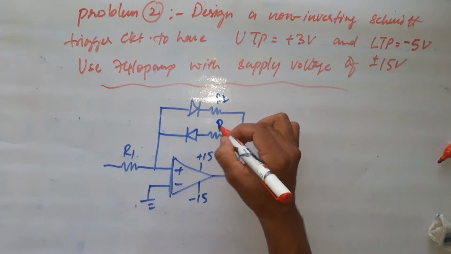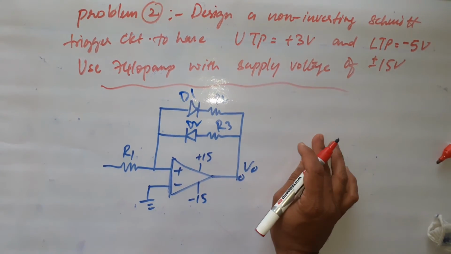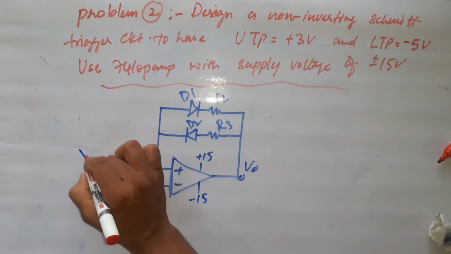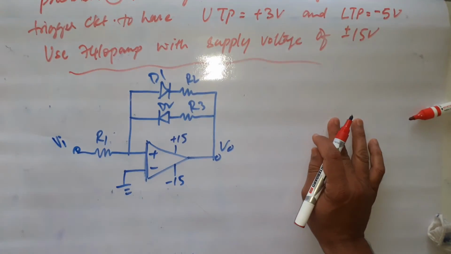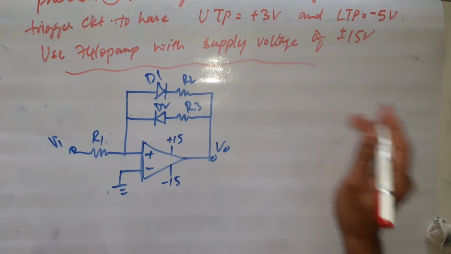R2, R3, D1, D2. This is your circuit. Here you will be applying the input. You need to get R1, R2, R3.